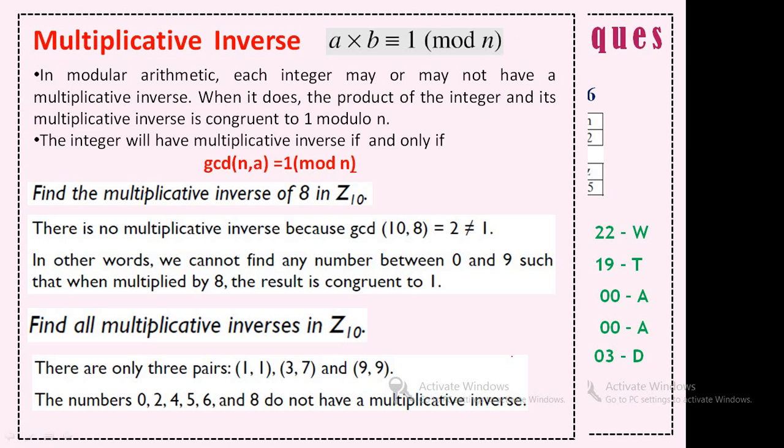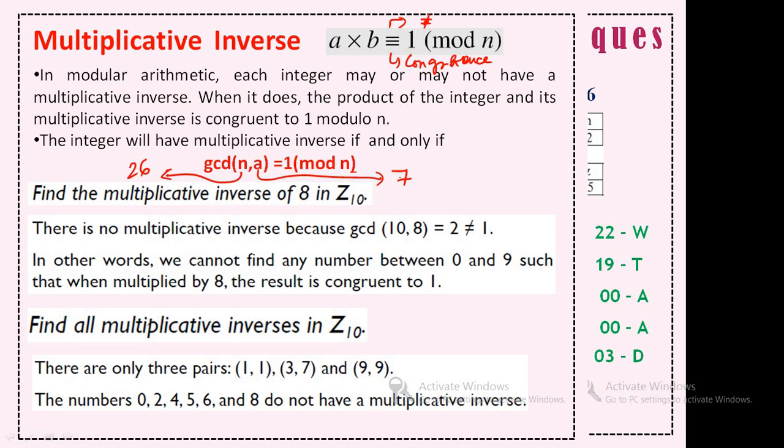But you can see one of the conditions I have given: GCD of n comma a, please make a note of it, is equal to 1 mod n. That means you are taking the GCD of n and a. Here n is 26 and a is 7.